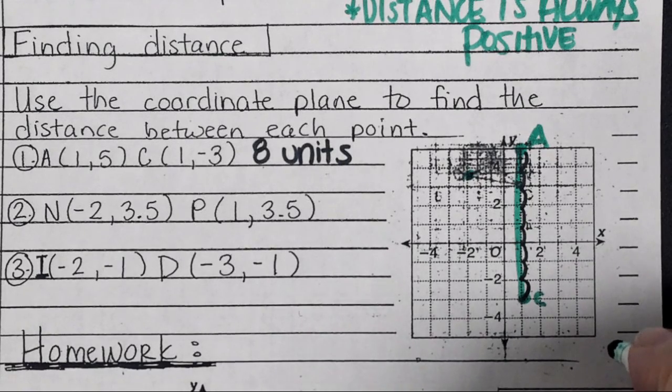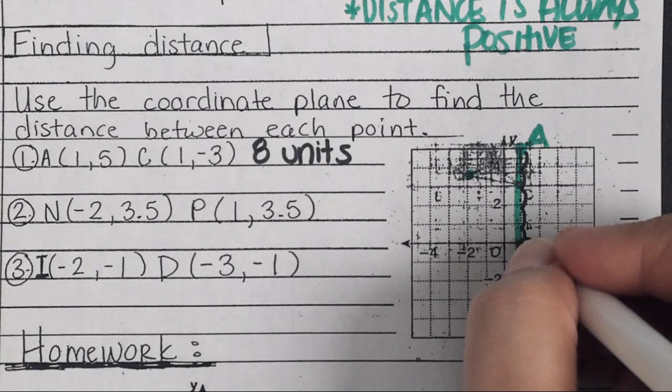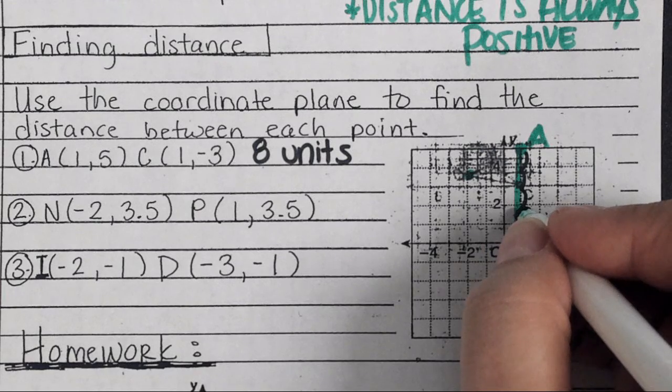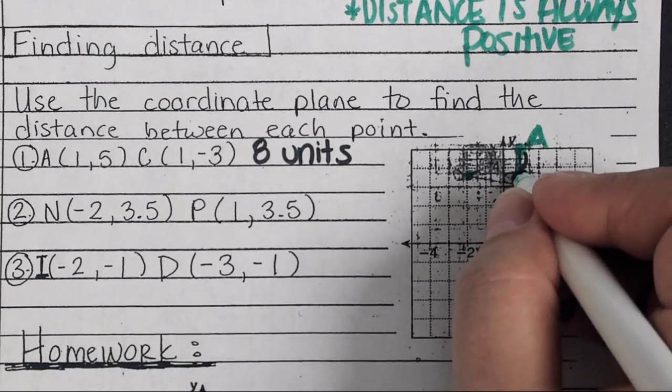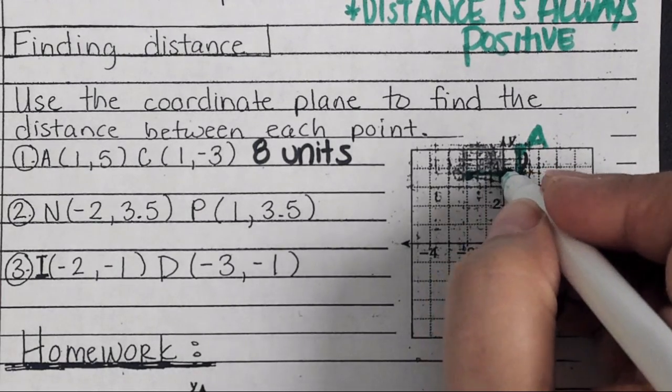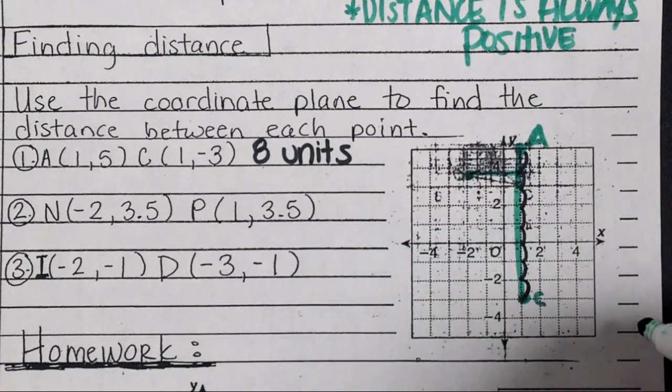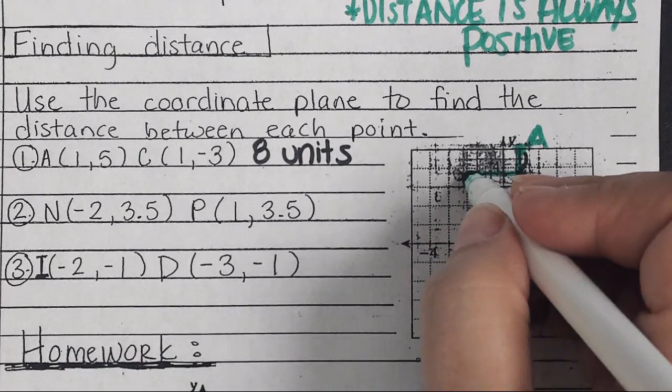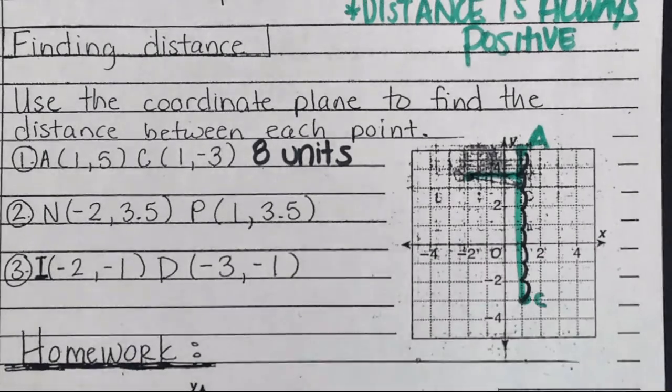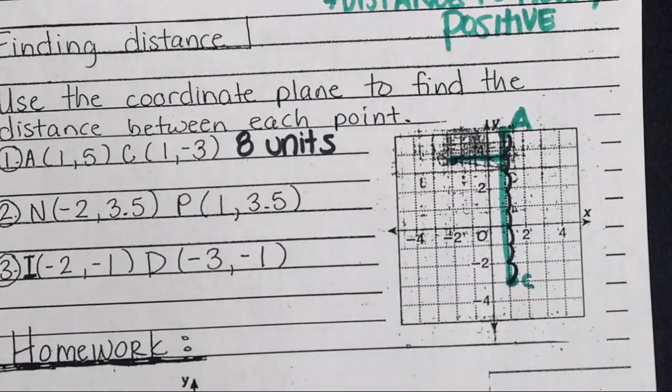Just go halfway in between the lines. So then the next one we have is positive 1, 3.5. So that's 1, 2, 3 and a half, and that would go right there. Yeah, that's in that bad little section. It's okay, just try the best you can.